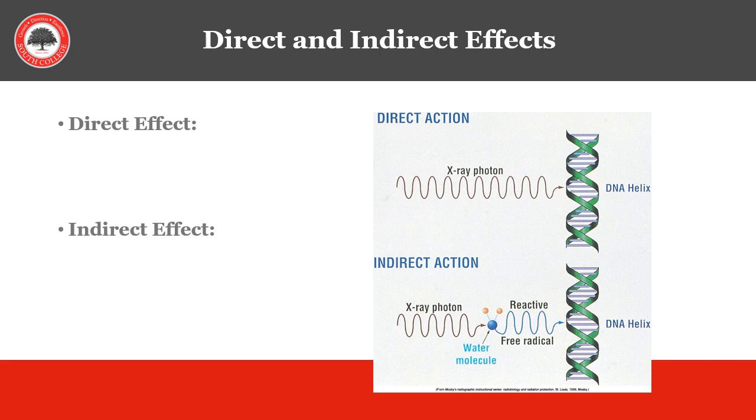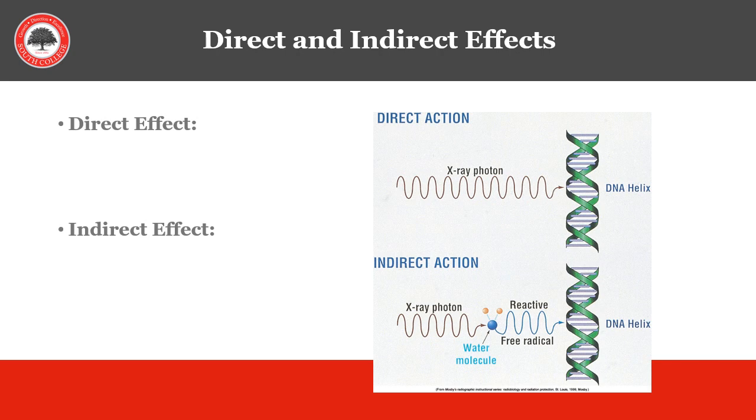An indirect effect is where X-rays hit water or some other possible molecule. The reason why we talk about water as being an example is because it's the most prevalent in the human body. Then we produce ions and free radicals. Well, free radicals are going to be reactive. They're going to go hunt out DNA and cause a reaction.